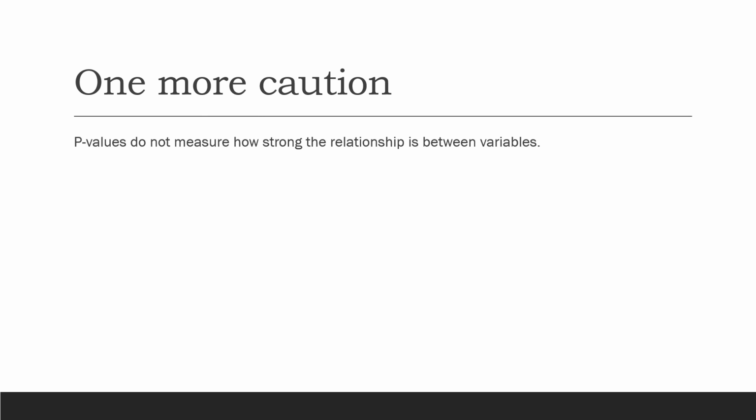That's a really important point, because sometimes there can be very, very tiny p-values that tell you there's strong evidence of some relationship, but the relationship between the variables can still be weak. This is particularly true when you have a large sample size. Even a very weak relationship can give you a tiny p-value when the sample size is large. We'll use the F statistic as a way of looking at why that's true, but this is true in general of most all hypothesis tests.